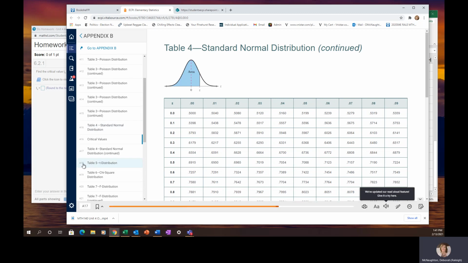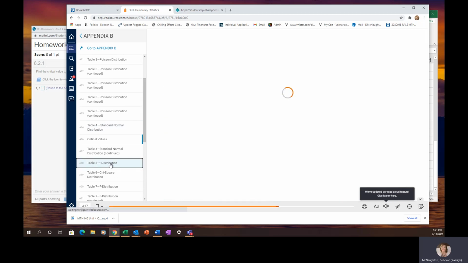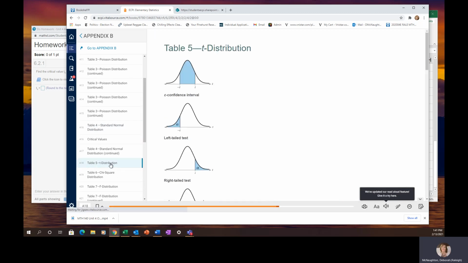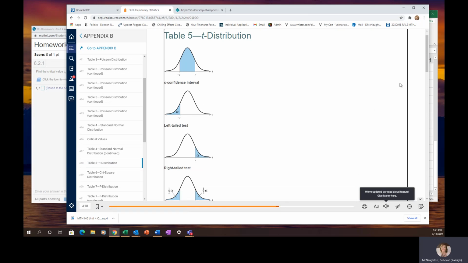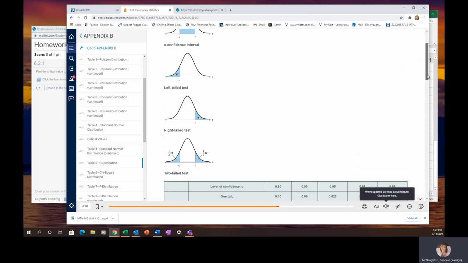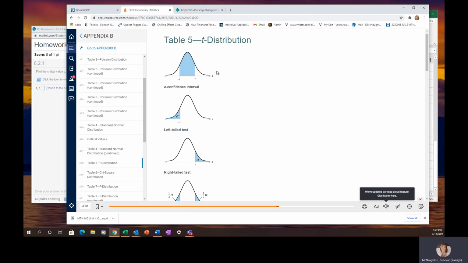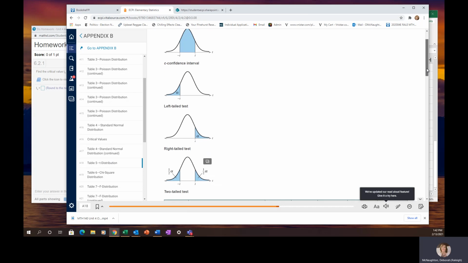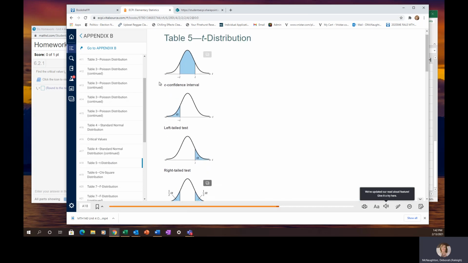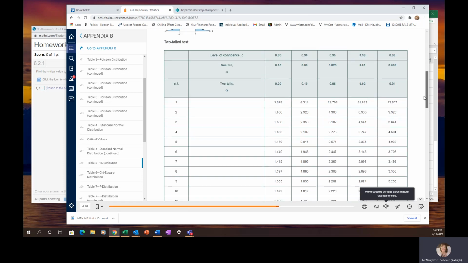And table 5 is the t distribution. And the way we look up values in this for a confidence interval, it actually has a special table for confidence intervals. So it does confidence intervals, left tail test, right tail test, or two tail test. This is for chapter 7, where we use these pieces, like which tail test it is. But for this section, we're using a confidence interval. So let's look at how the table works.